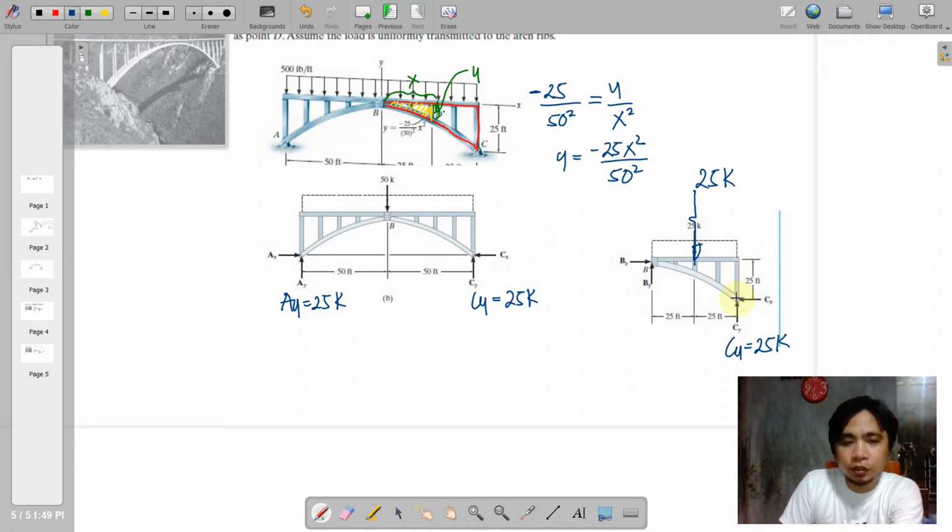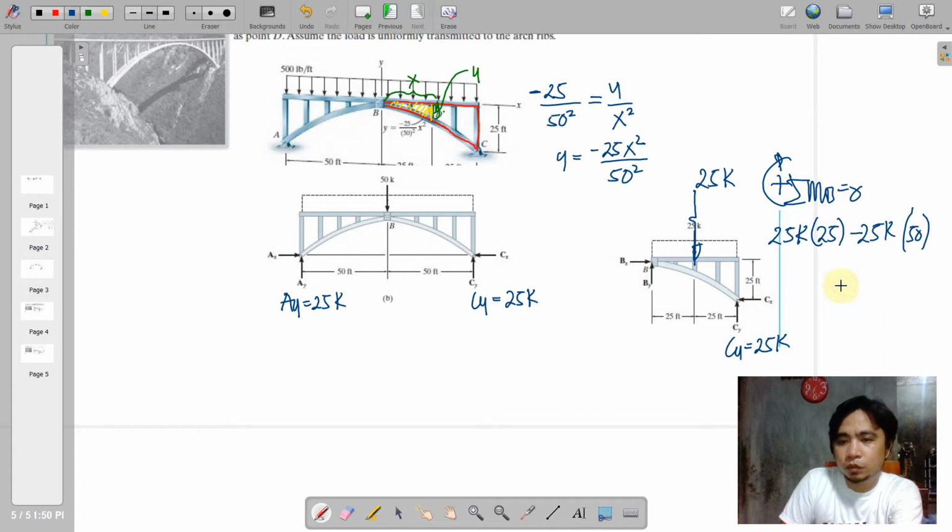So in order to determine CX here, we now take moments at B. So we have first 25k times 25. Then the CY, negative rotation, 25k times 50. And then plus CX, a clockwise moment, times 25 is equal to 0.